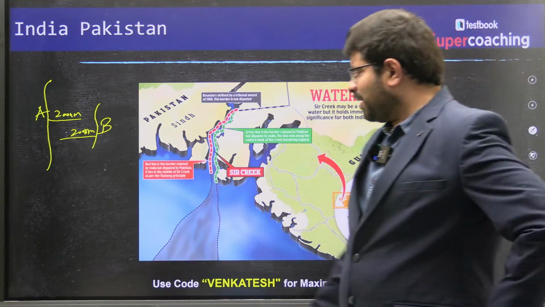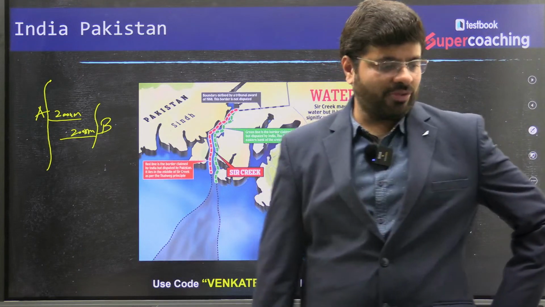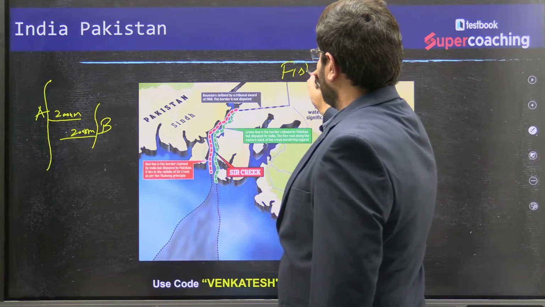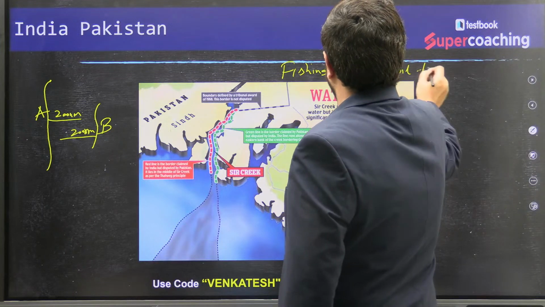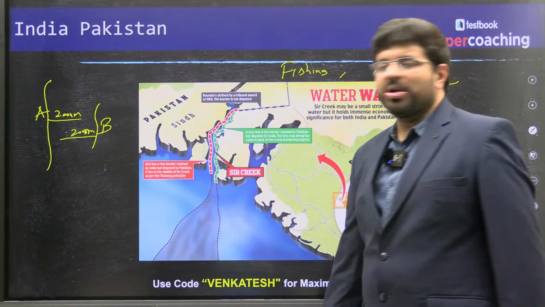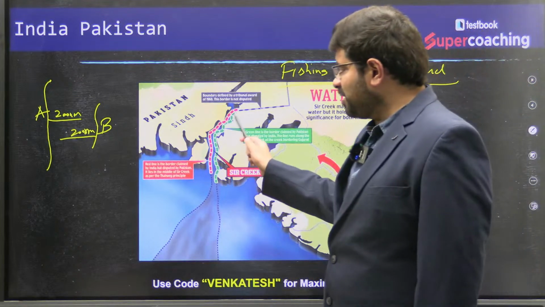So Sir Creek was claimed in this narrow body of water. It is claimed because of the fishing responsibilities as well as the economic activity of fossil fuel exploration. So, because of two reasons, there is a water war between India and Pakistan, and such kind of war has been seen in these parts of the world.